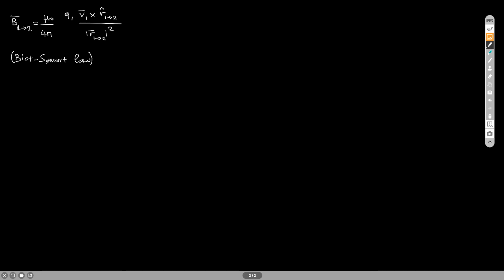So in this case, what I have is a single moving charge. Let's say this is charge Q1. Now, this is the charge that will create the magnetic field. And because this charge will create the magnetic field, this is what we call the source charge.